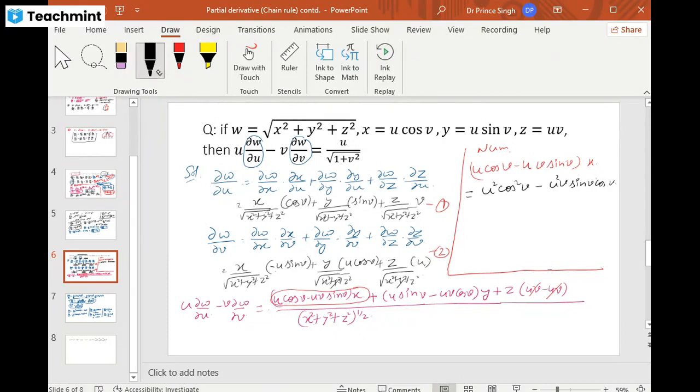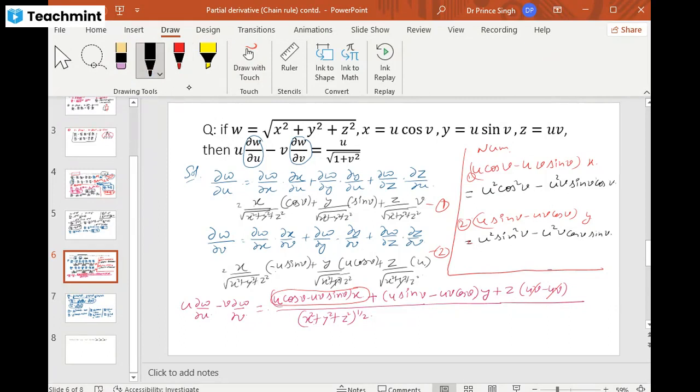Okay. And if we consider the second term, this is the first part. Now the second term is u sin v minus uv cos v, and we multiply it with y. So what is y? It is u sin v. So basically this is equal to u square sin square v minus u square v cos v into sin v.